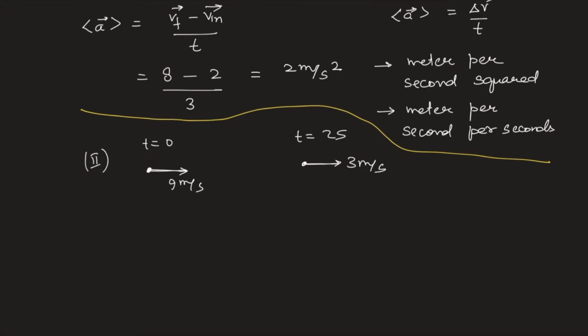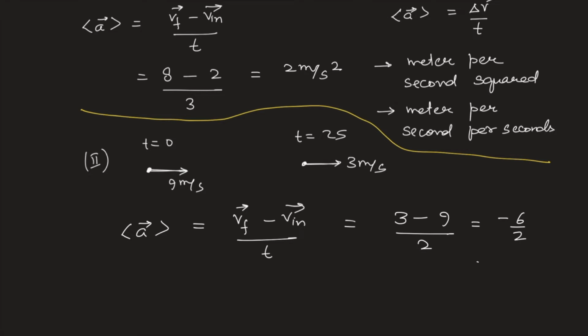So if you want to find out the average acceleration in this case, again same principle, final velocity minus initial velocity divided by time. So 3 minus 9 divided by 2, so minus 6 upon 2, and that is equal to minus 3 meters per second squared.